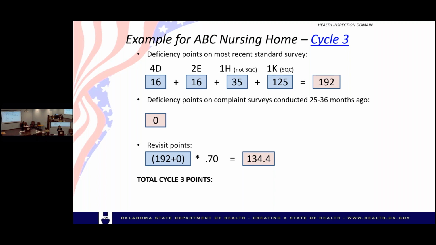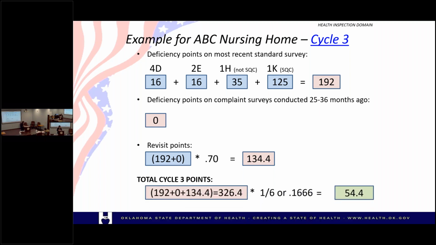And that comes out to be 134.4. Okay, so then we take the 192, the 0, plus the 134.4 for revisit points. All of that comes out to be 326.4.